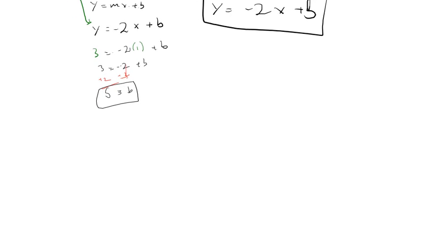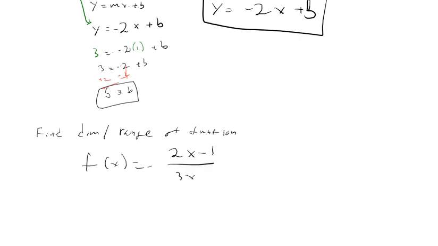Find the domain and range of a function. If I say f of x equals, let's say, 2x minus 1 over 3x plus 5. What is the domain and range of this function?